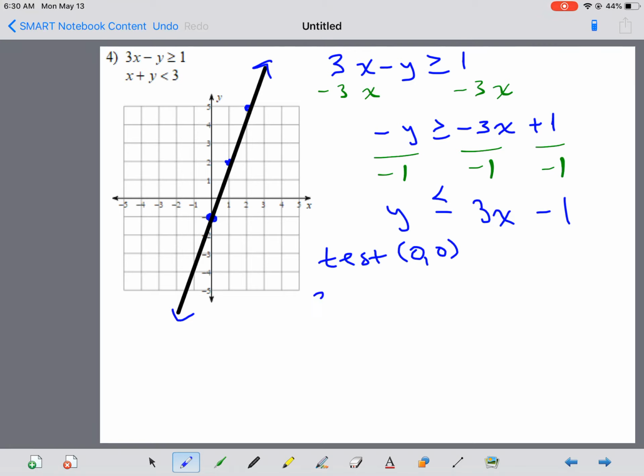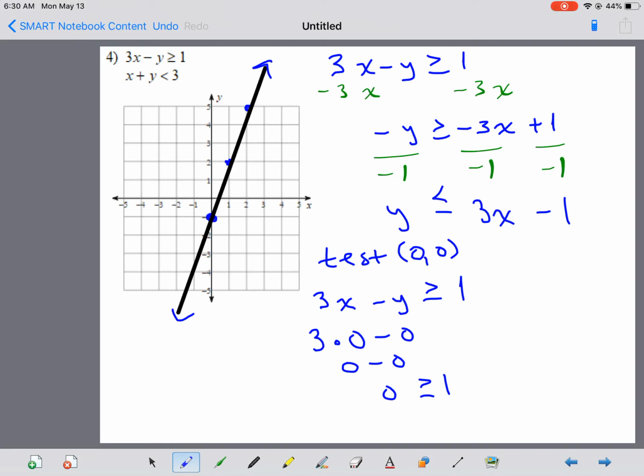All right, so let's see what happens when we test 0, 0 into our inequality. So I'm going to test it into the original inequality, which is 3x minus y is greater than or equal to 1. So that's 3 times 0 minus 0. 3 times 0 is 0. 0 minus 0 is 0. So let's see, is 0 greater than or equal to 1?